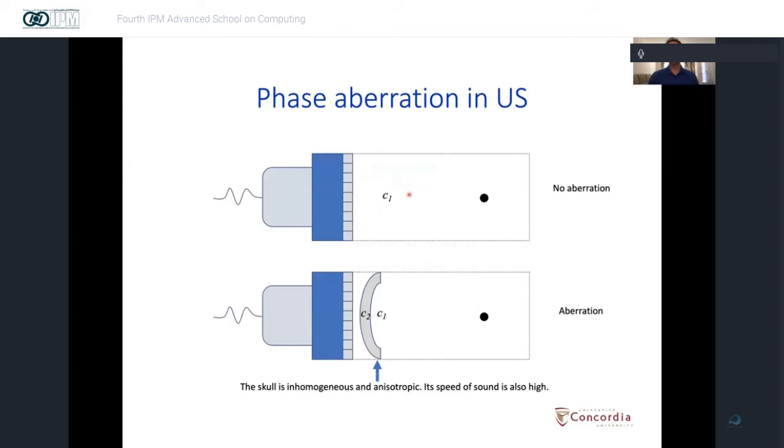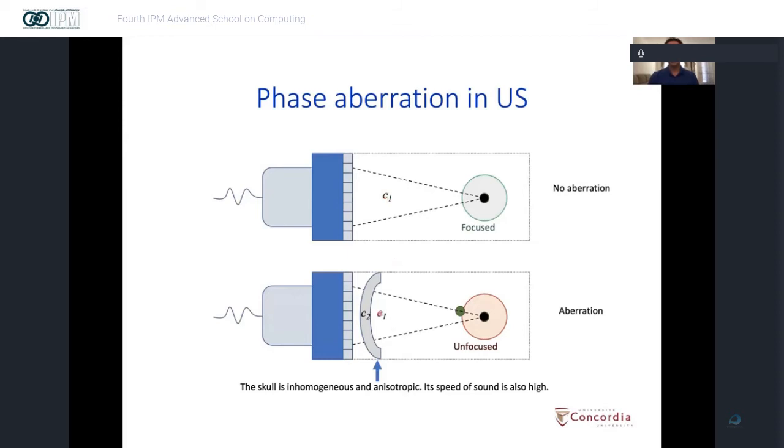Here at the top, we know the speed of sound in the tissue, and when we fire different elements, we account for the different timing that it requires to reach a certain point, and then we can focus at that point. Now, the fact is that we assume a nominal speed of sound, which in real life will not be the same as the nominal speed that we assume.